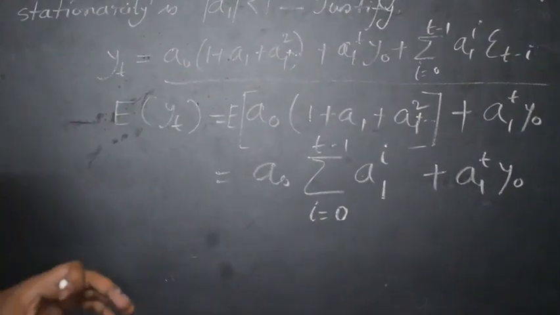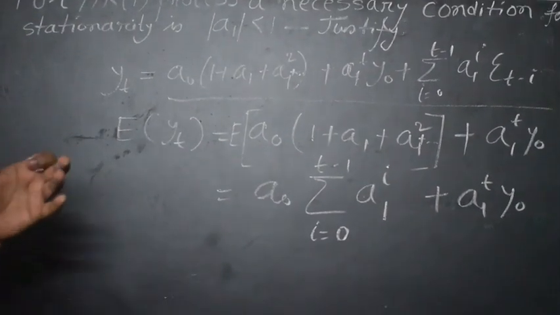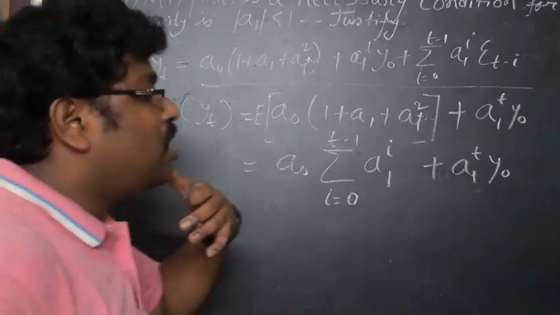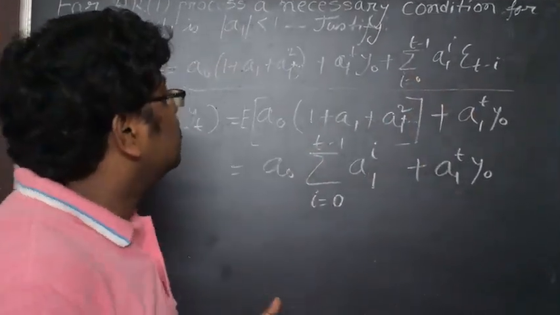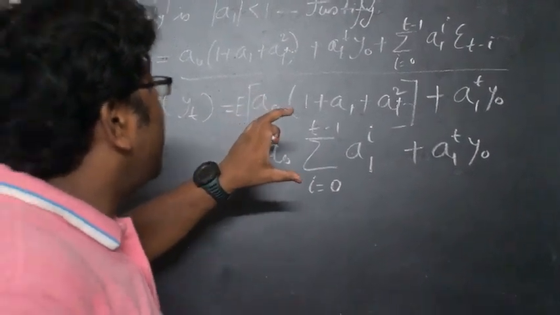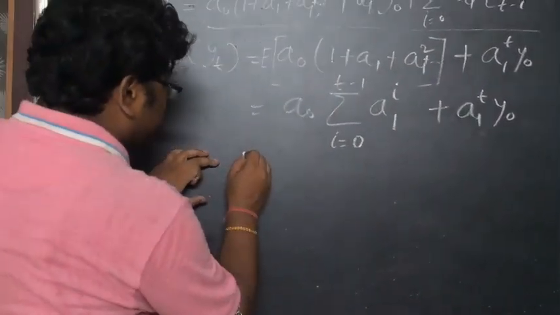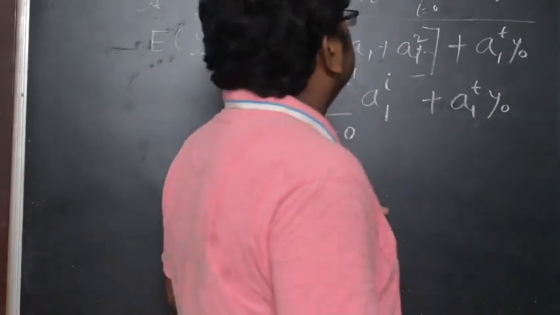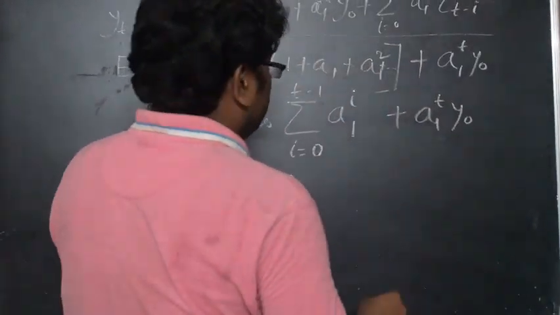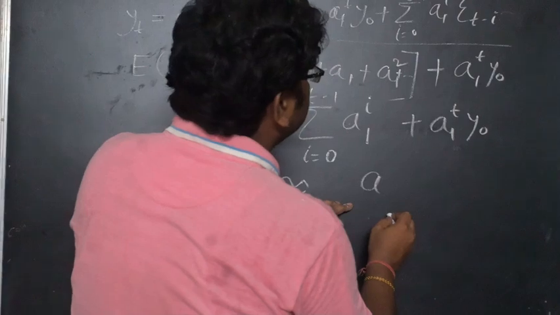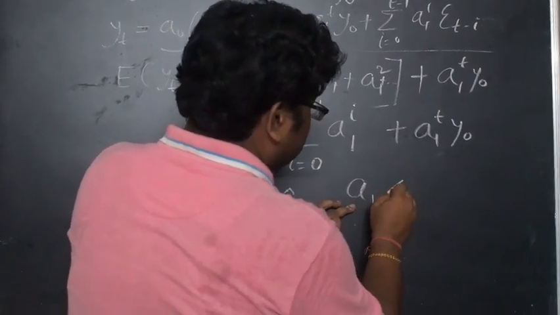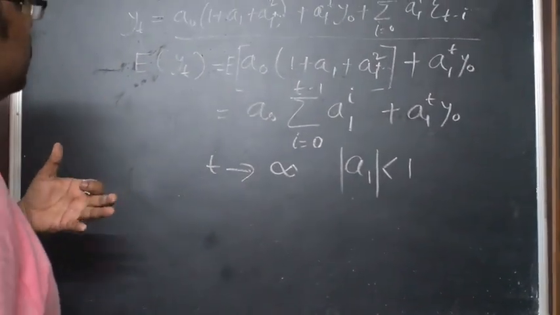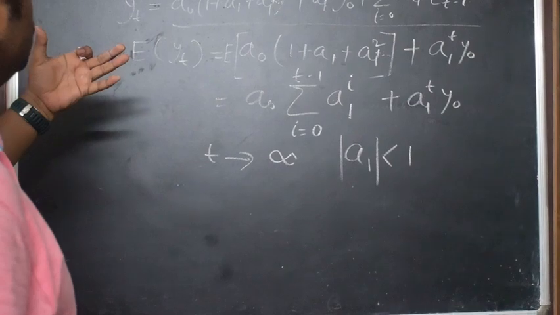Now for example, if you take the time to infinity, if t tends to infinity and mod of a1 is less than 1, then what is the result?